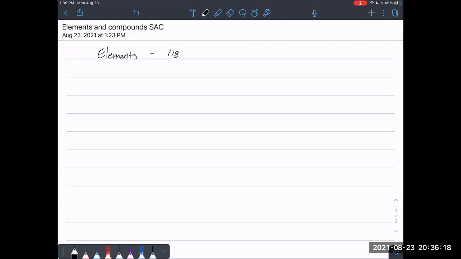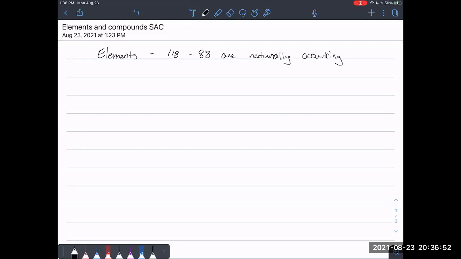Yep, 118 elements. Of this, was it 82? Are naturally occurring. That means the rest of them are synthetic elements, elements that are created. Okay. Sorry, 88, not 82.